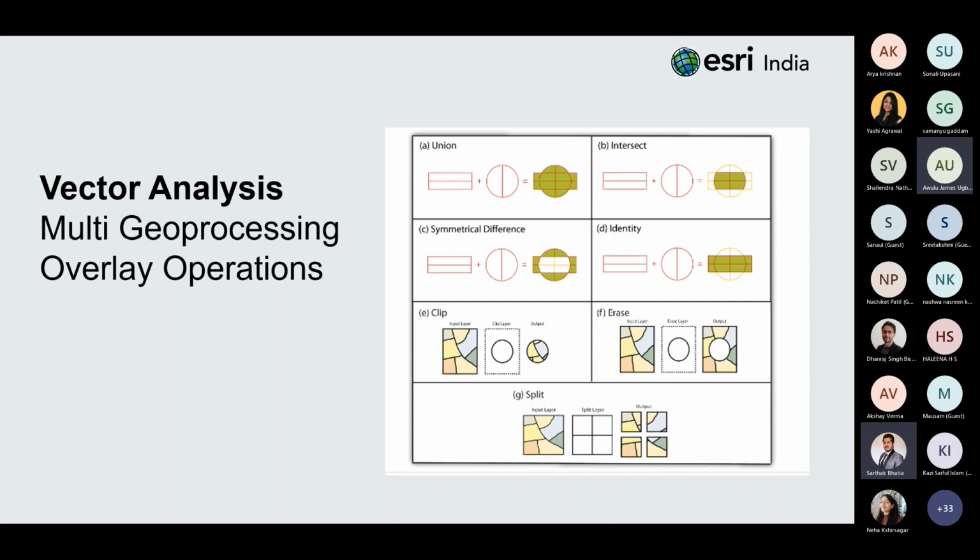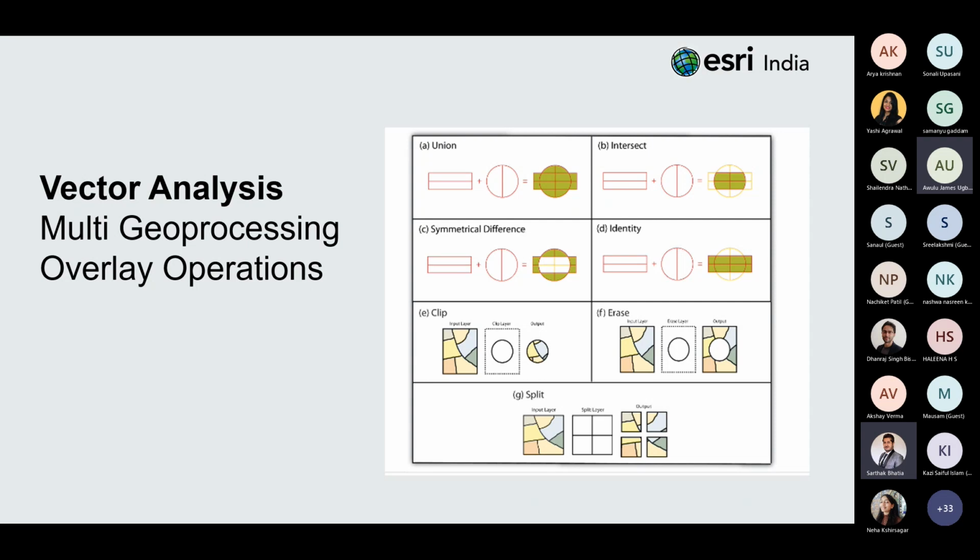When we're talking about the identity overlay operation, sir, what we are doing is creating an output layer. Let's assume the first layer, the rectangular layer, is our input layer, but we also need the attributes of another layer which may overlay it. In this case, the second layer is the overlay layer. When we run the identity operation, the spatial extent remains the same as that of the identity layer.